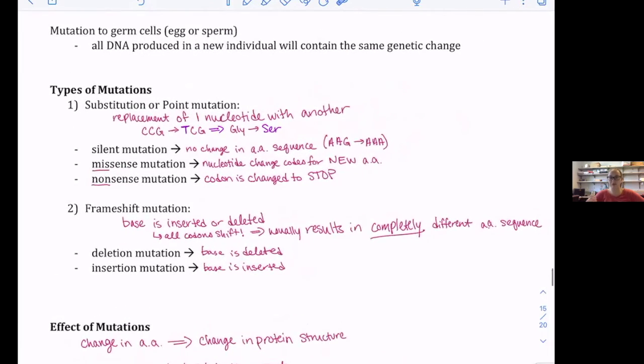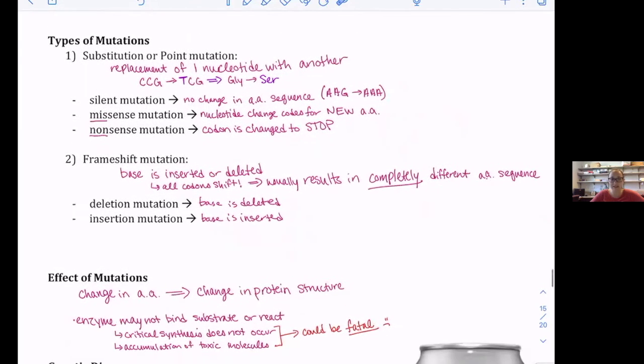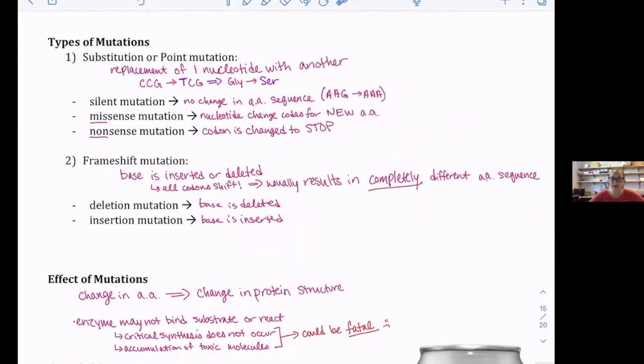You can imagine if you move something over, everything's going to be completely different in terms of those three base pairs. So you could have a deletion mutation where one is deleted, or an insertion where one is inserted. Frame shift mutations are pretty rare, but they're typically very destructive towards amino acid sequences.